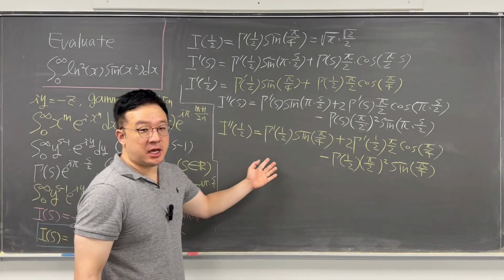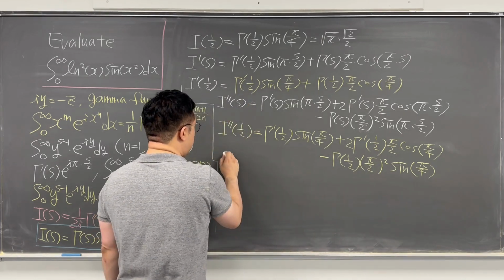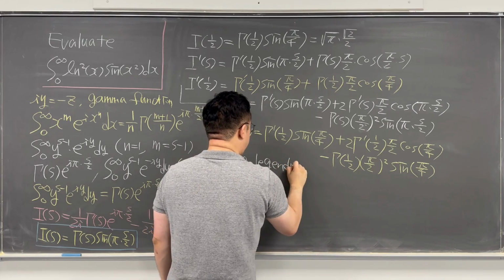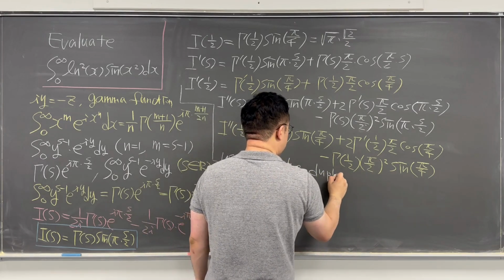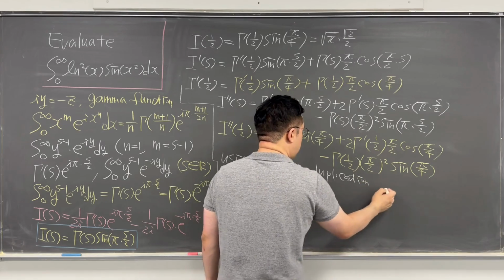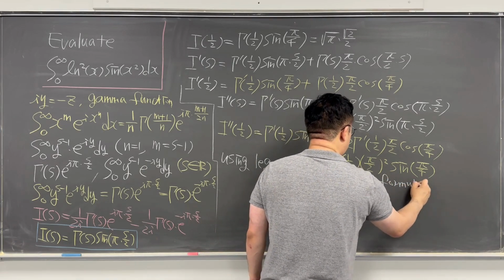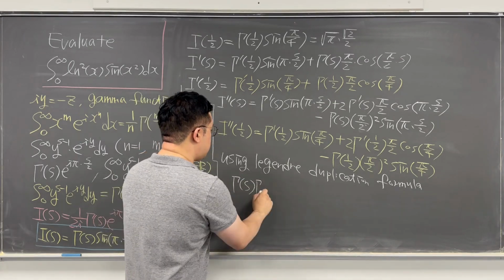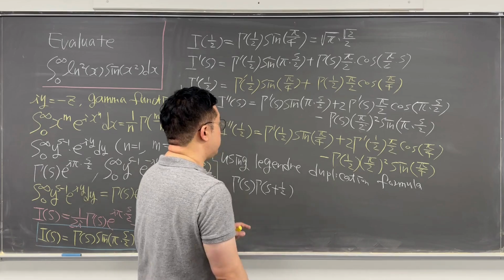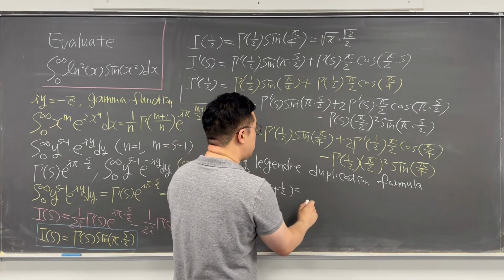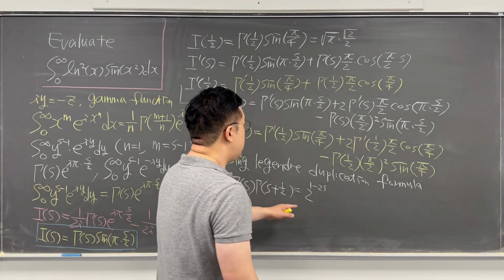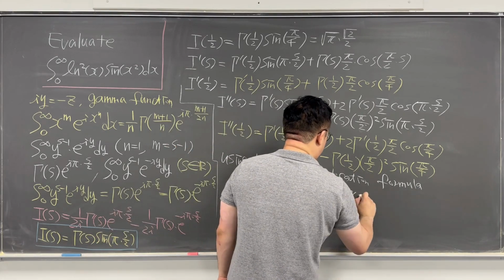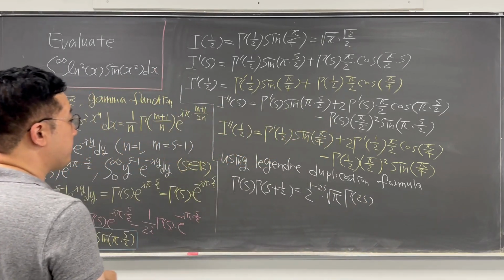So from this, let me use the Legendre duplication formula. It is about gamma of s times gamma of s plus 1 over 2, that's going to be the same as 2 to the power of 1 minus 2s times square root of pi times gamma of 2s.